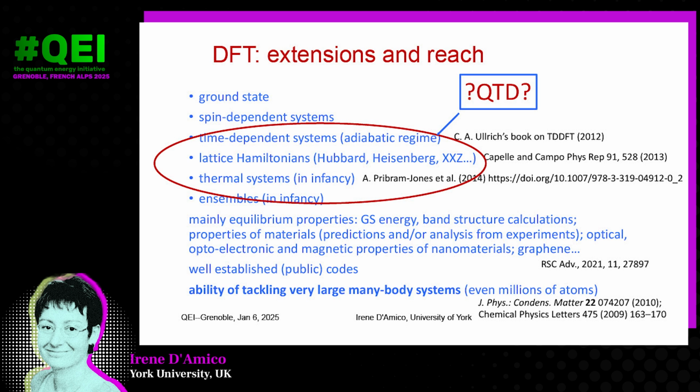I'm not claiming that this is possible immediately with quantum thermodynamics, but for the flavors of density functional theory that are well established, indeed, you can do calculations for very large and complicated systems. And so in relation to quantum thermodynamics, time-dependent density functional theory, lattice-Hamiltonian density functional theory, thermal density functional theory, and probably ensemble density functional theory could be of interest. Also, this is my opinion.